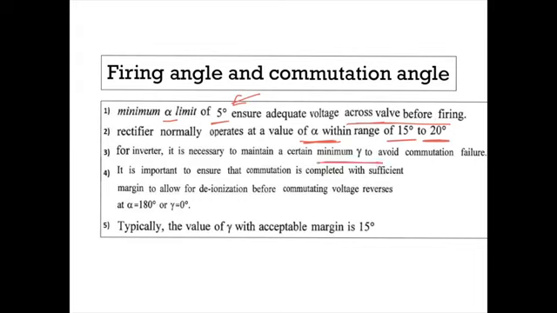Now in the case of the inverter, it is necessary that it operates at a certain minimum extinction angle gamma in order to avoid commutation failure.